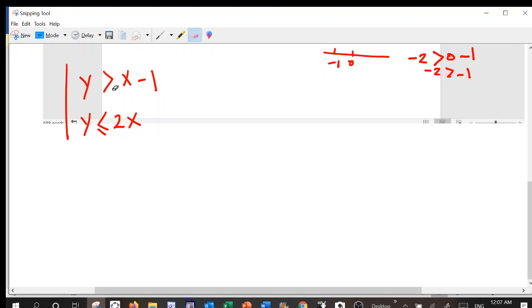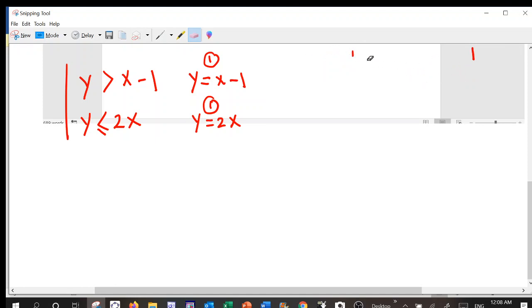So let's do that. To solve this one, we have to graph y equals x minus 1. That's step one, right? And then for this one, we have to graph y equals 2x. That's step one for this. And then we're going to have to graph them.